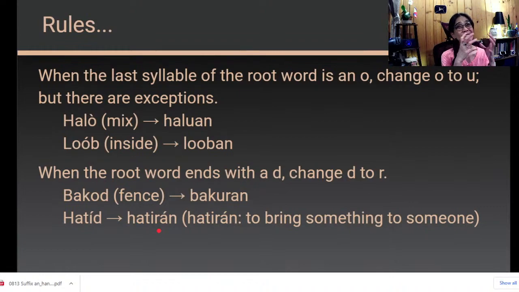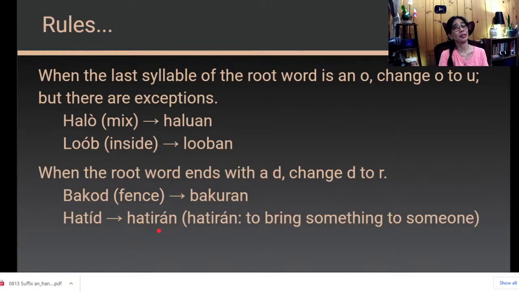You are able to connect those words, right? Hahatiran ko ng halo-halo si Bruce sa looban ng shop niya. Hatiran is specific: this is my only intention, to bring this to you, and then I'm out again. That's the meaning of hatiran.